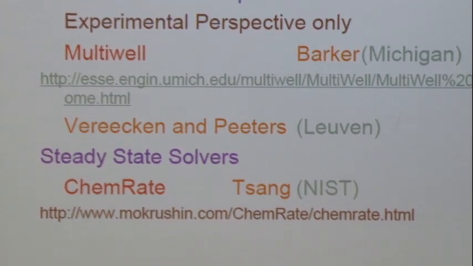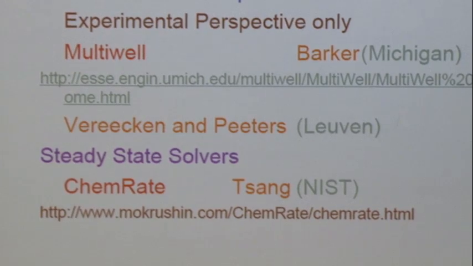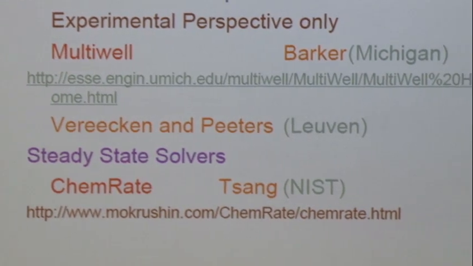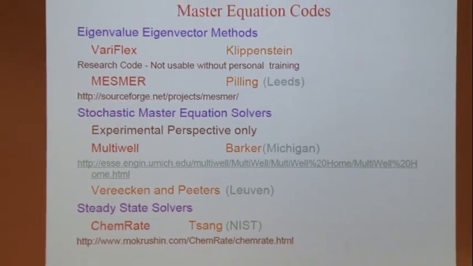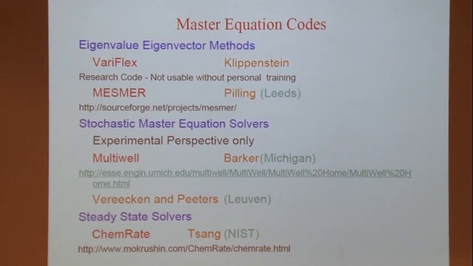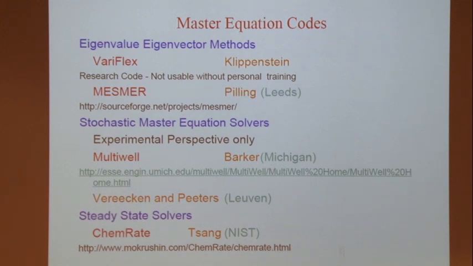And then the RMG program I have has a modified strong collision solver, which is pretty good. It has another method that was suggested by one of Pilling's students that works for certain cases with deep wells. And then it also has the method that Klippenstein and Miller recommend, this multi-eigenvalue thing.